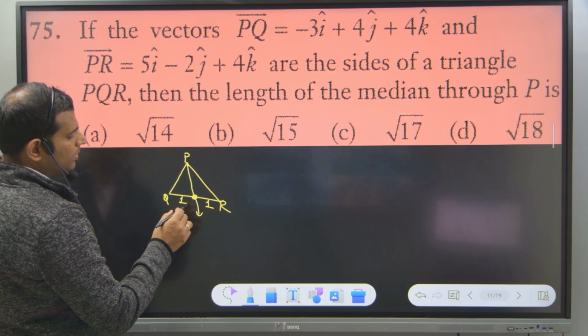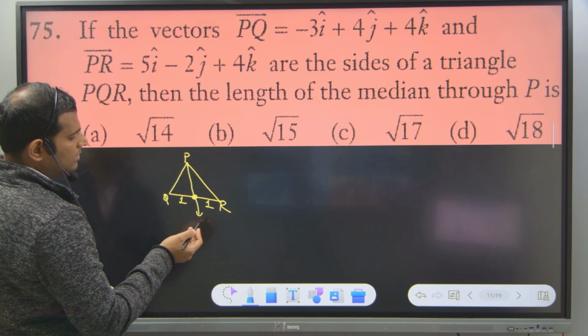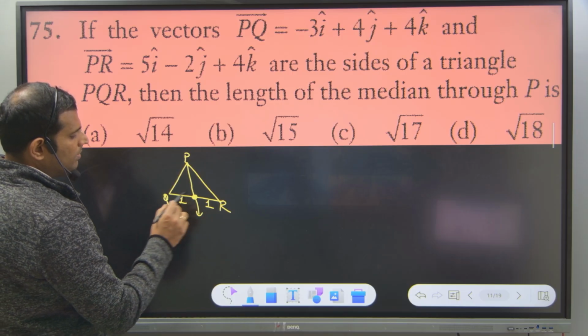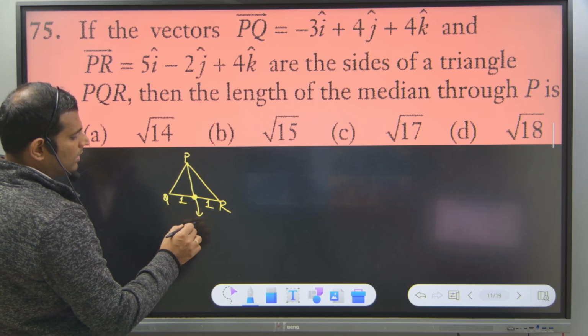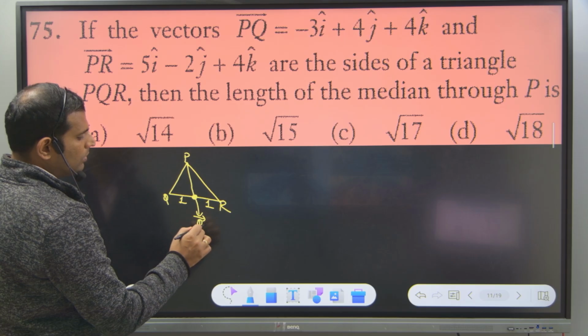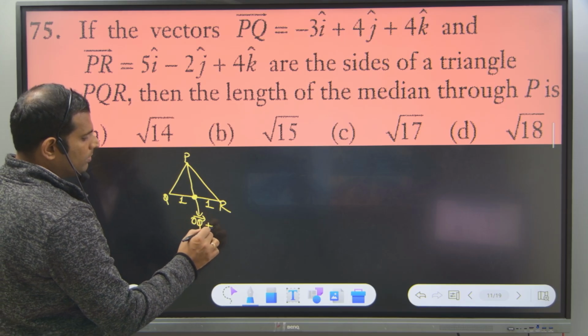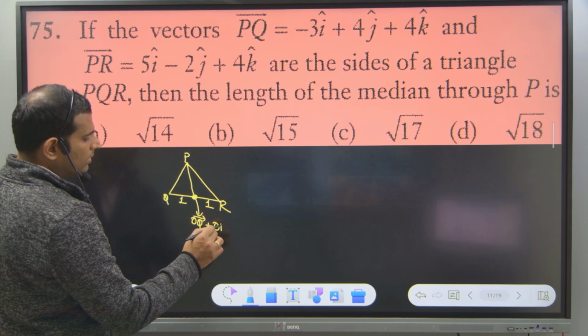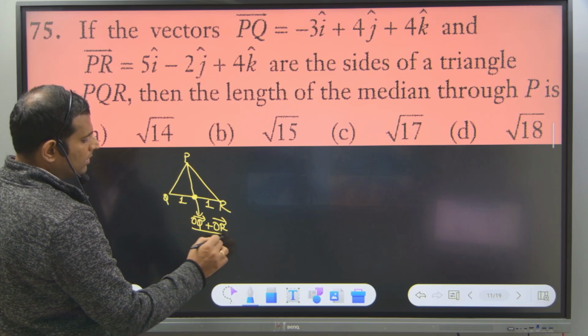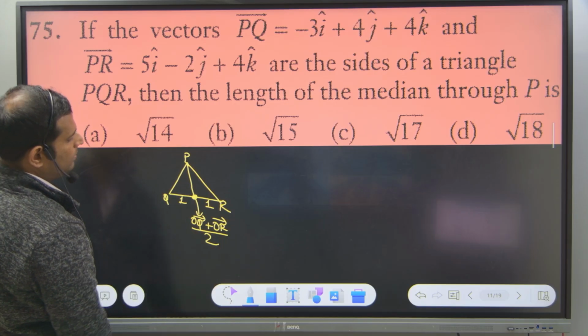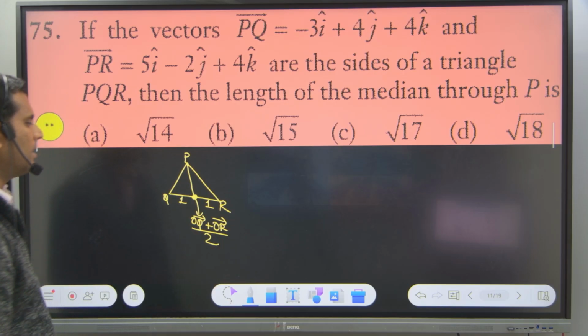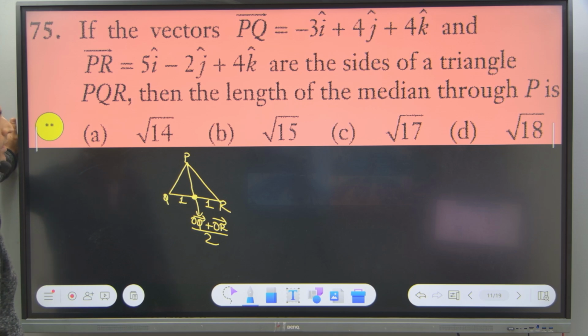How do you use the midpoint formula, students? x1 plus x2 by 2, which means this will be vector OQ plus vector OR divided by 2. Are you understanding, students? Yes.